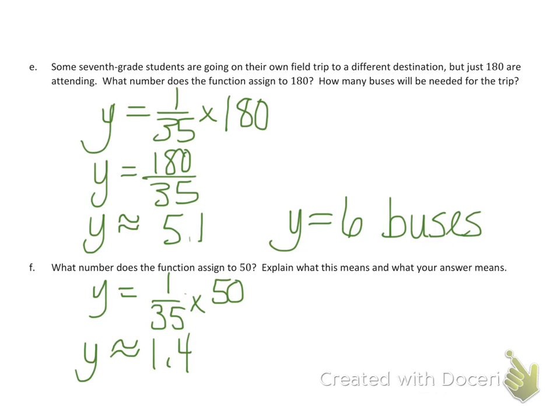So the function assigns 1.4 to 50, but since we know the context of this function, we know that we need to round up to 2 buses. So the function, what number does the function assign to 50? The function assigns 2 to 50.